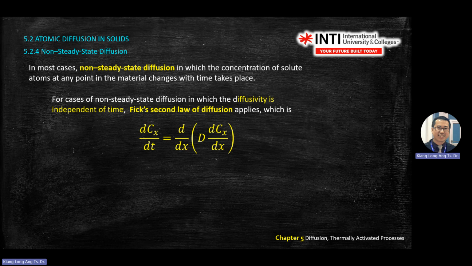You have double differentiation of the equation. So dC over dt equals the double differentiation: d over dx, bracket, D dC over dx, is a differentiation.